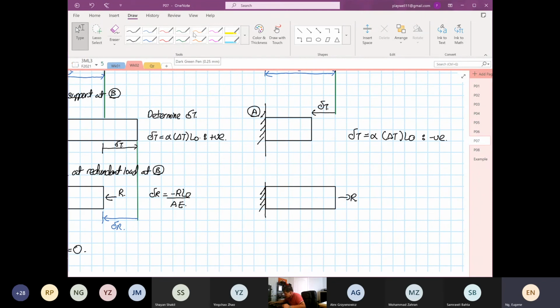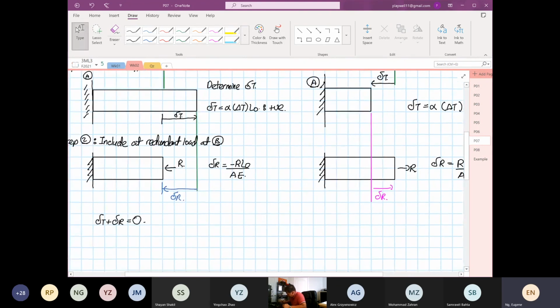Because now our starting point is a smaller length. So now we have to push it back by delta R. Delta R will be equal to R, positive because it's in tension, divided by AE. Then again, delta T plus delta R will be equal to 0.